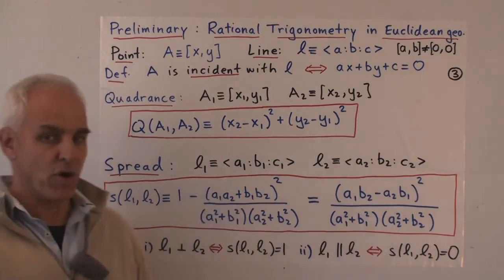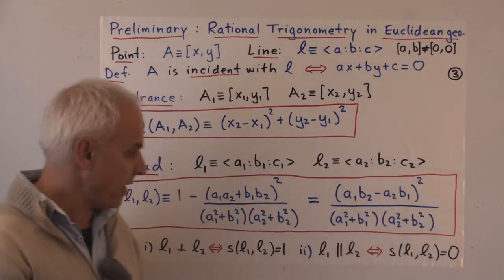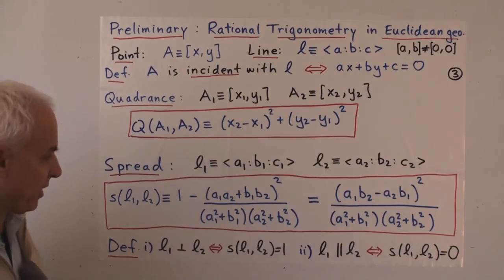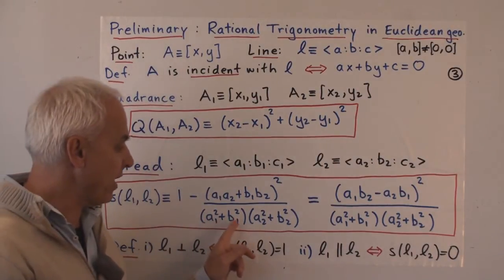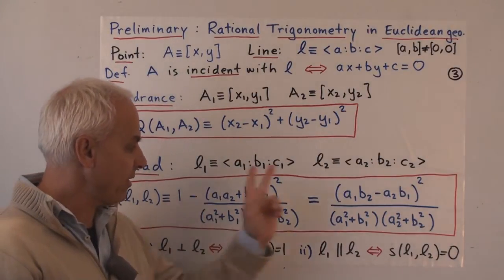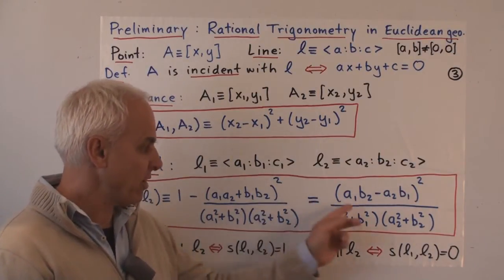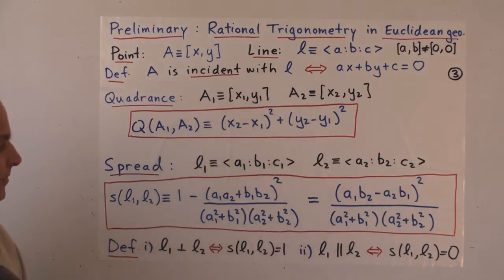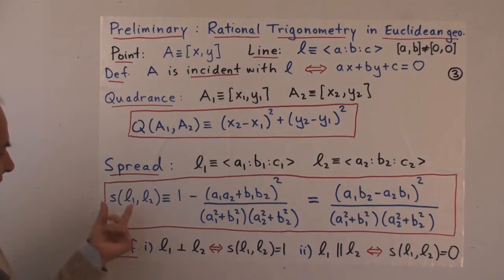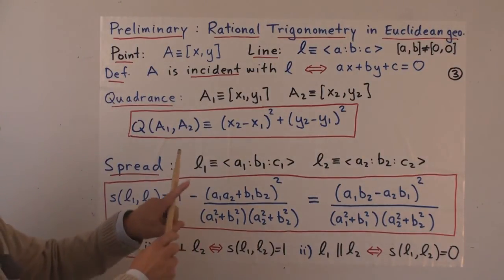So if you're just joining us and you haven't seen this before, a very good exercise for you at this point is to make sure that you can understand why this thing is the same as this thing. So manipulate, rearrange to verify that. So that's a number that measures how far apart two lines are.